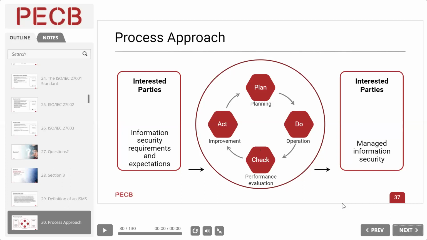So the expected control is antivirus. So the identification of the risk and identification of the required control is under the planning stage. Then in the do stage, we actually implement and start to use the antivirus.